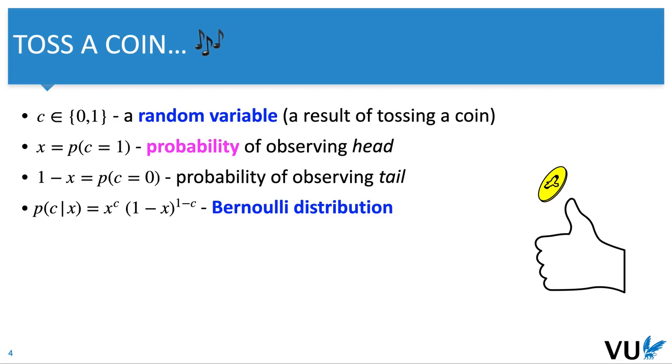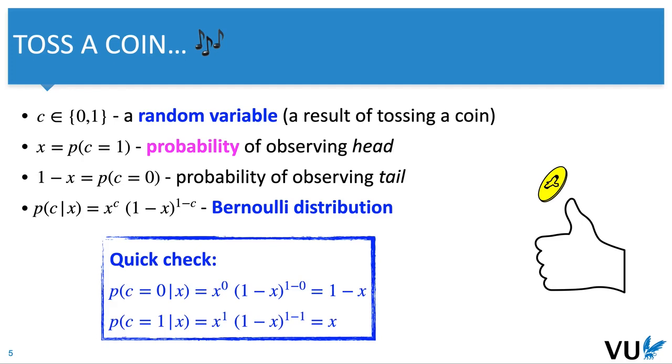This is a nice, neat way of writing it down. If we set C to 0, we will have exactly 1 minus x, and if we set C to 1, we get x. So in this nice manner, we can encode this probability.